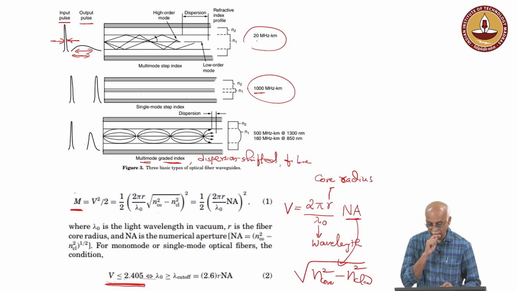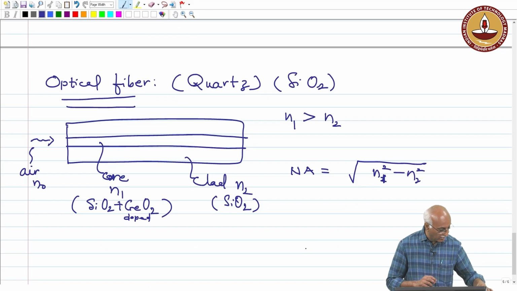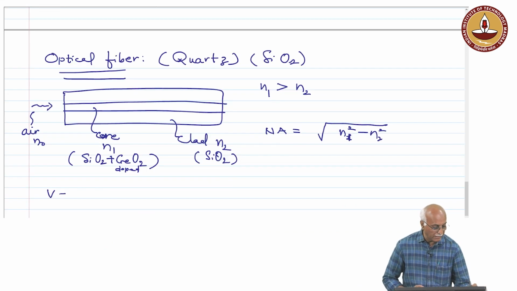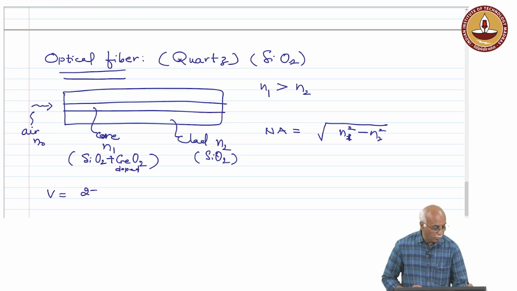So you can also determine, just to get an idea, let us say in a quartz optical fiber. What is the V parameter? It is nothing but 2 pi r divided by lambda 0 into numerical aperture.